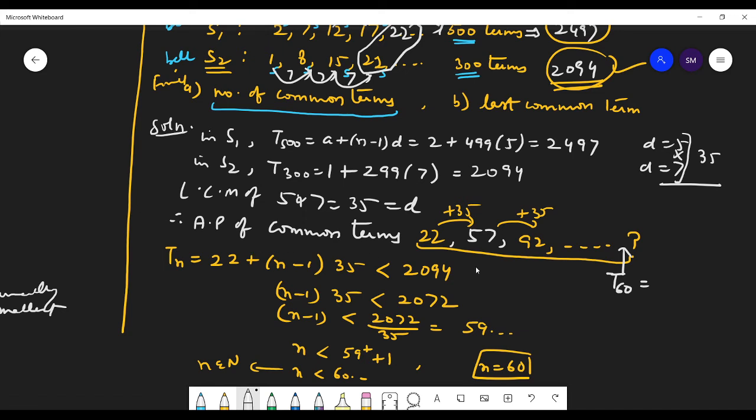Same, this is your a plus n minus 1 into d. A is 22 plus 59 into d. d is 35. 60 into 35 करो.